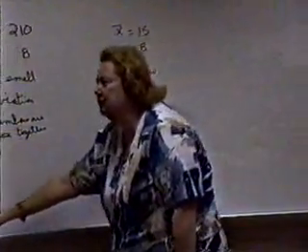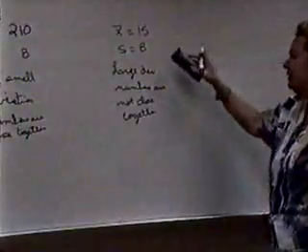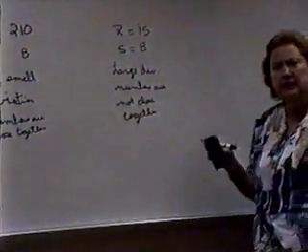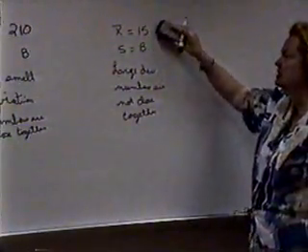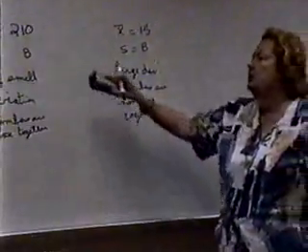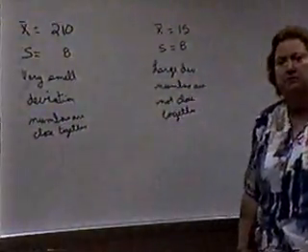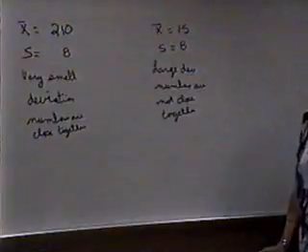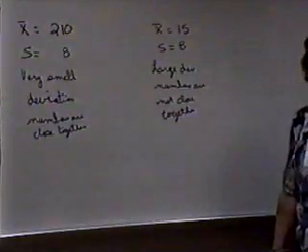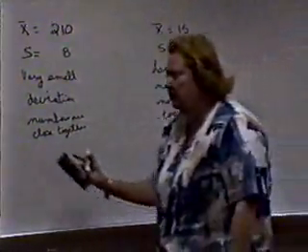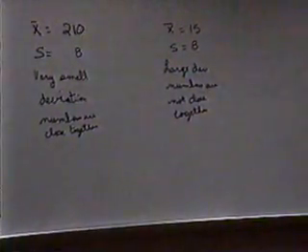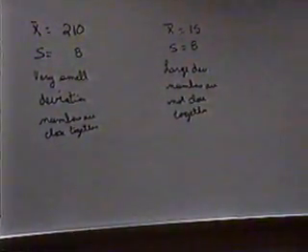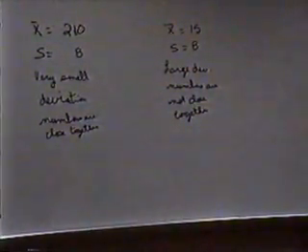Sometimes it's a little difficult to decide. Well, is this very far away from that number? This example here was fairly easy to see that 8 is pretty far away from 15, but 8 is not very far from 210. But sometimes it's not quite as easy to see, is it small or is it large? So we use another value to help us tell if it's a large deviation or not.